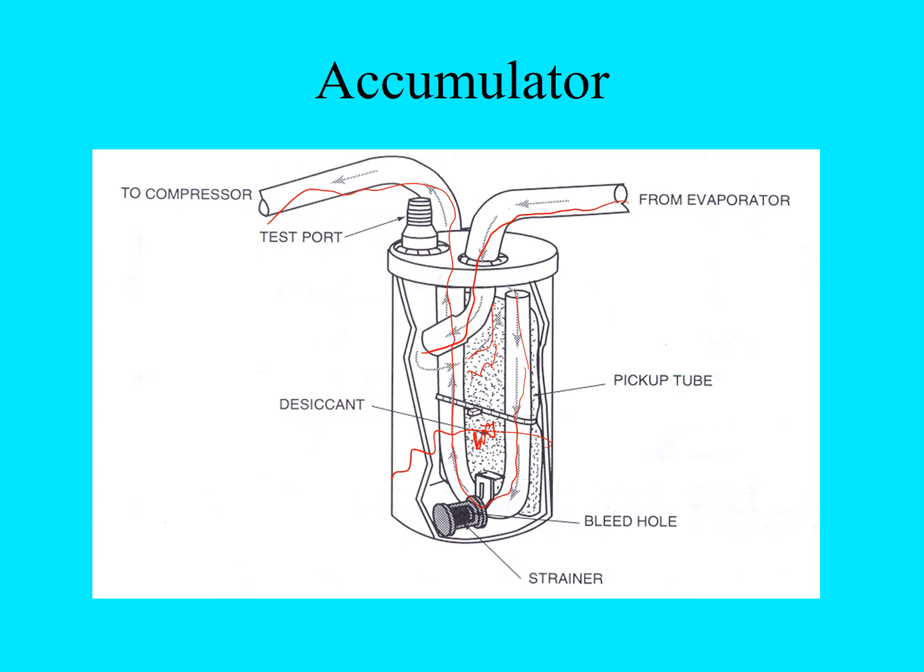And at the very bottom of this, there's a little strainer, and that's to make sure if there's any debris in it, it would be strained or caught by the strainer.